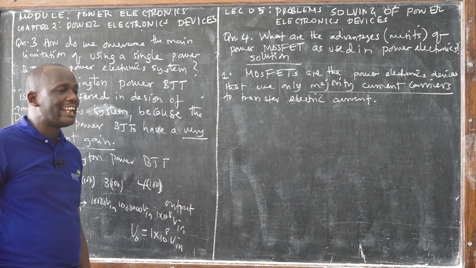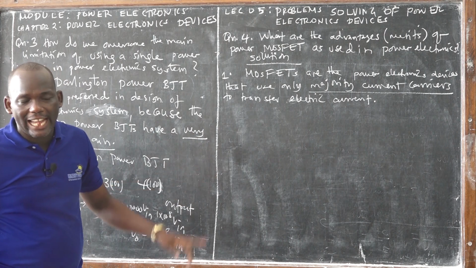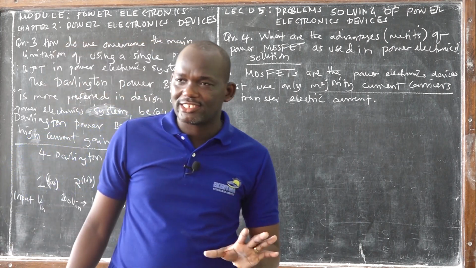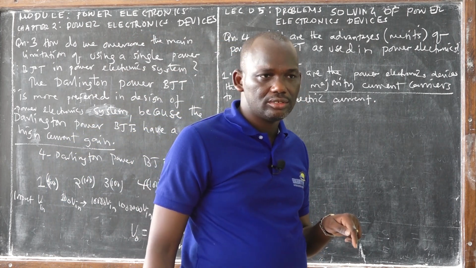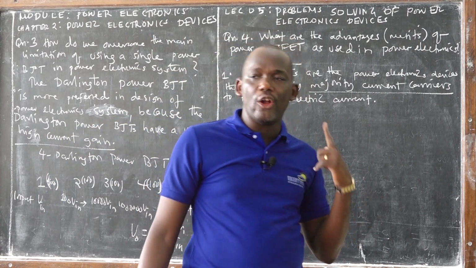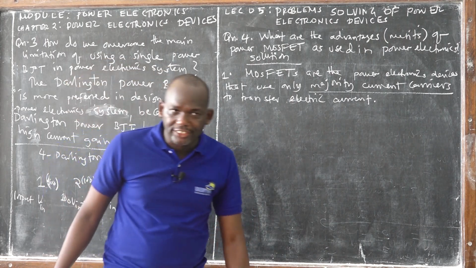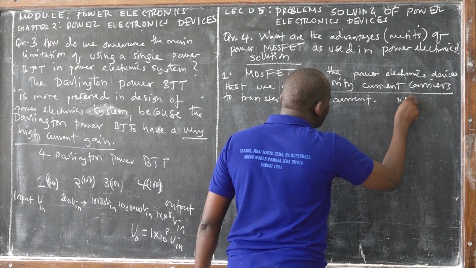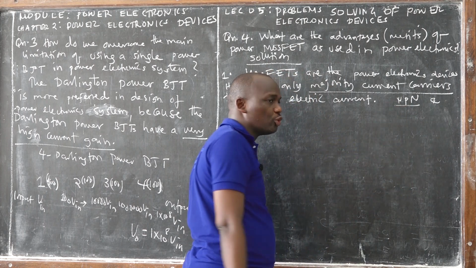Say majority current carriers. In bipolar junction transistors, we have majority current carriers and minority current carriers. In case of MOSFET, we have only majority carriers. Stop writing. For instance, in case of NPN transistor, the majority carriers are electrons and minority carriers are protons.